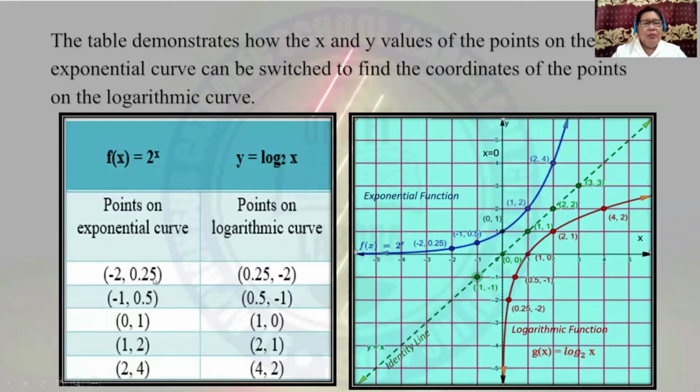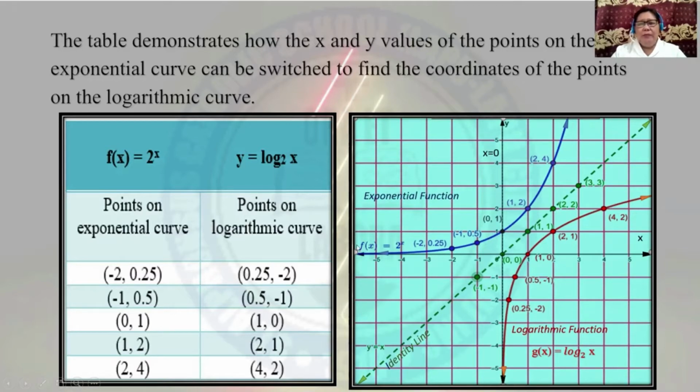And from 0.25, it becomes now -2. So the next point on the logarithmic curve, we have 0.5 and -1. Next, a point with coordinates 1, 0. Next, a point with coordinates 2, 1. And then a point with coordinates 4, 2.